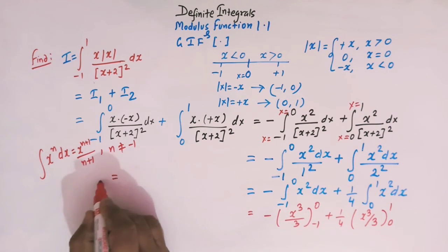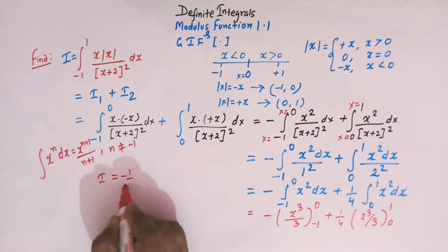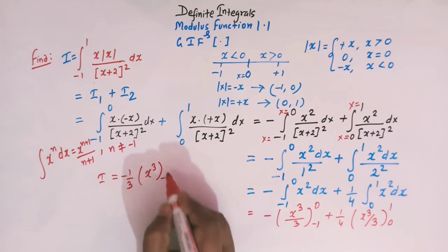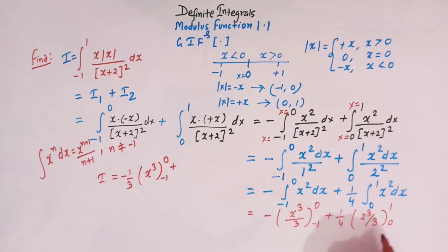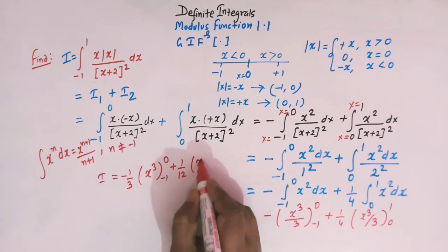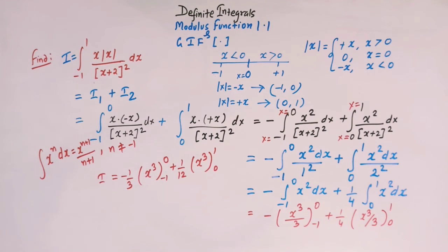So now I can be written as, taking this 3 outside, minus 1 over 3 and x cube from -1 to 0, and here we have 4 3s are 12, so we have 1 over 12, and here we have x cube from 0 to 1, right?